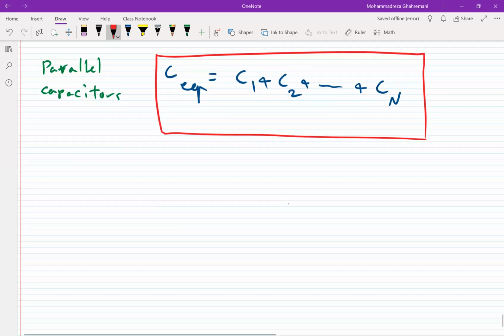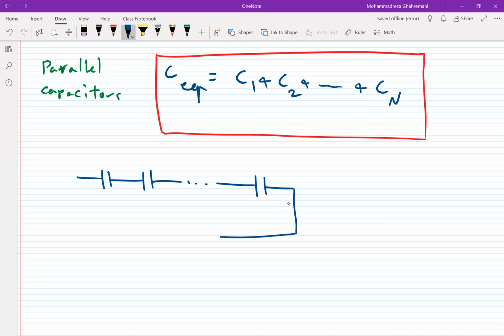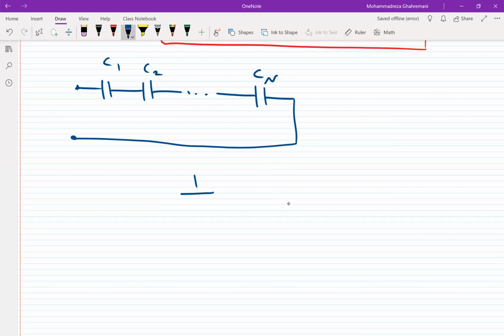Okay, what about series capacitors? If we have n capacitors connected in series like this, C1, C2 up to Cn, we can say 1 over C equivalent is equal to 1 over C1 plus 1 over C2 plus 1 over Cn.